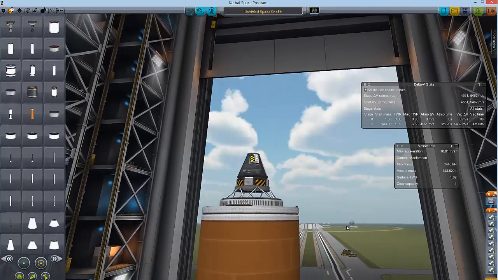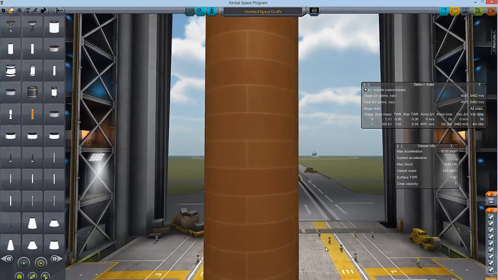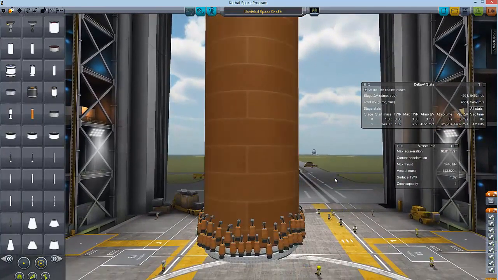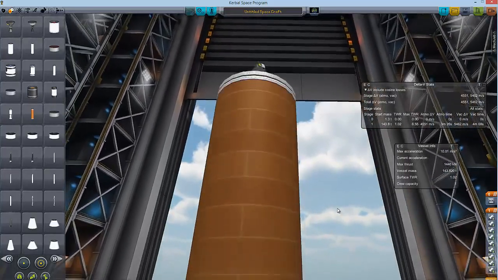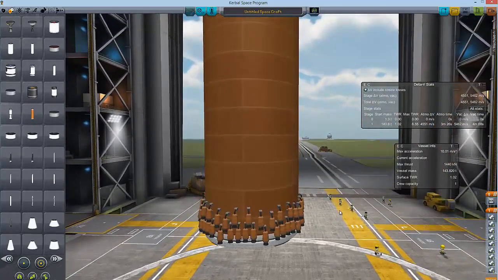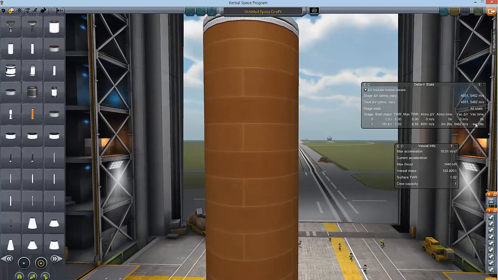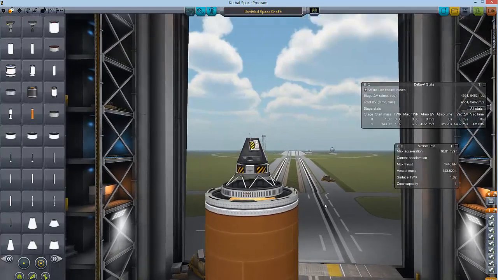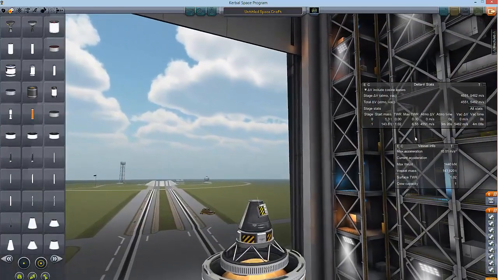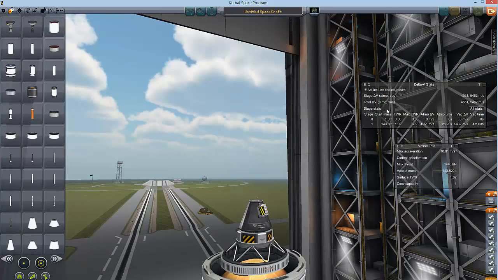So if you're doing like one or two stages to put your stuff in space, and you're still going to have a couple stages that are not touched at all, and you know that for a fact, then what you need to do is calculate your specific impulse, or calculate your weight towards the stages. And one good thing with having MechJeb is it shows the actual delta V per stage.